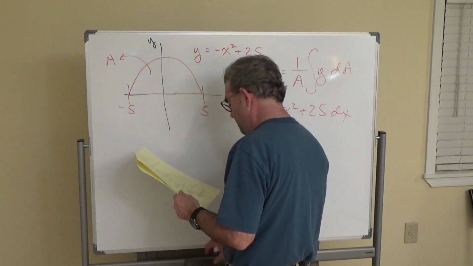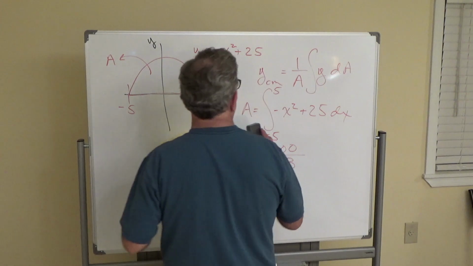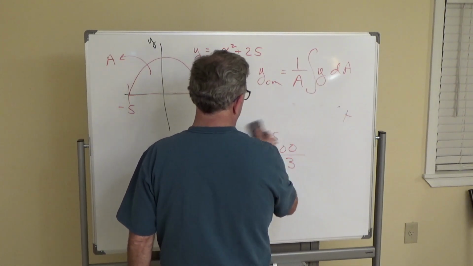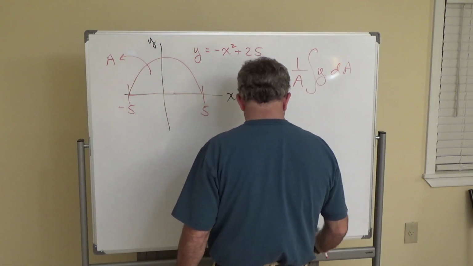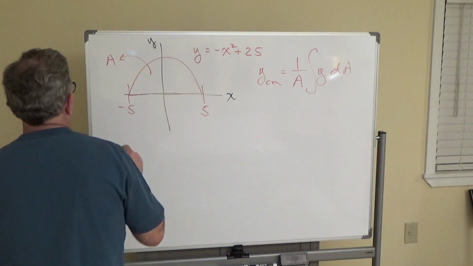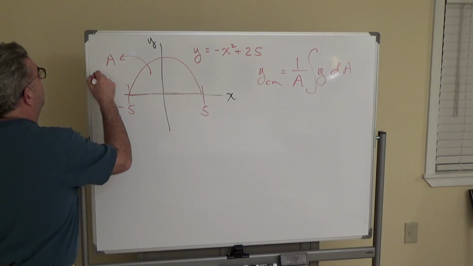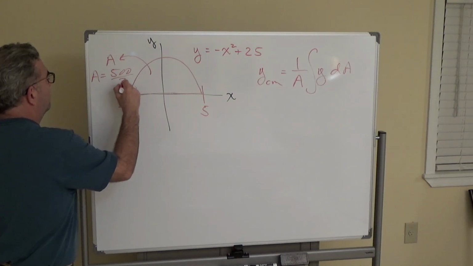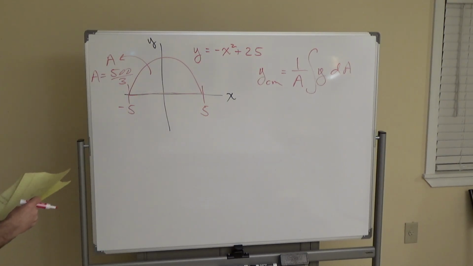I'm going to leave this up here. So we've already got big A. Big A is equal to 500 over 3. I'll squeeze it in over here. A is equal to 500 over 3.